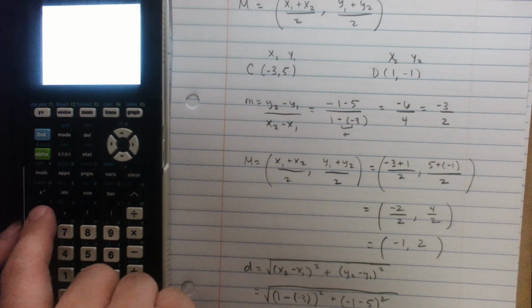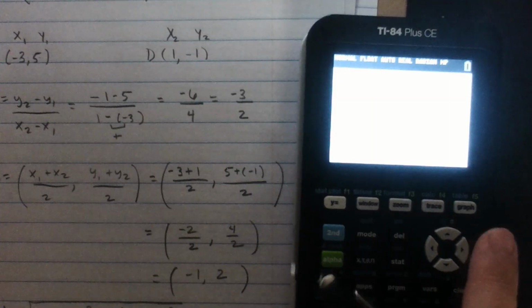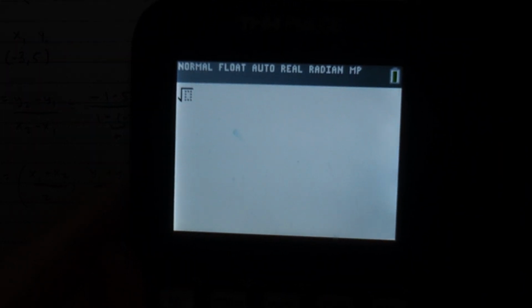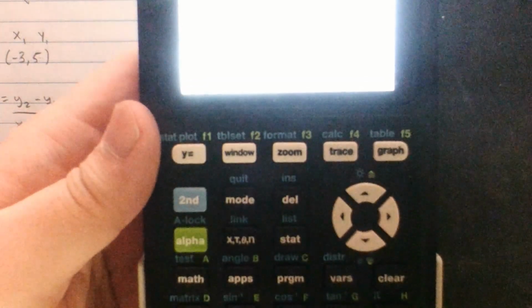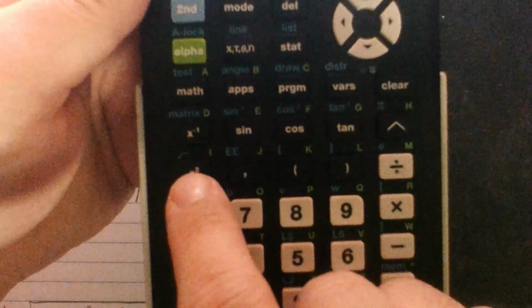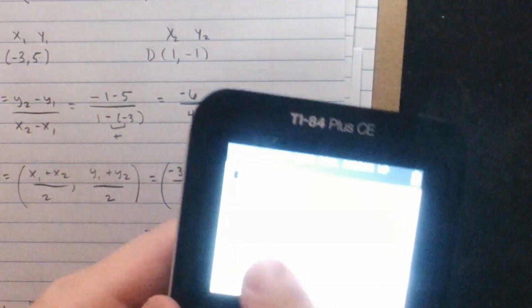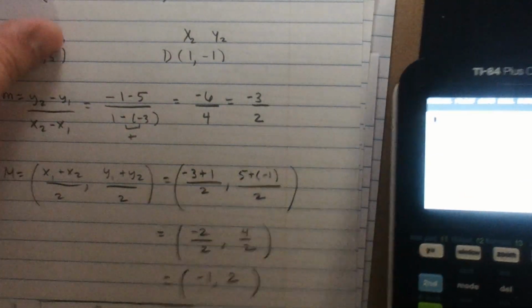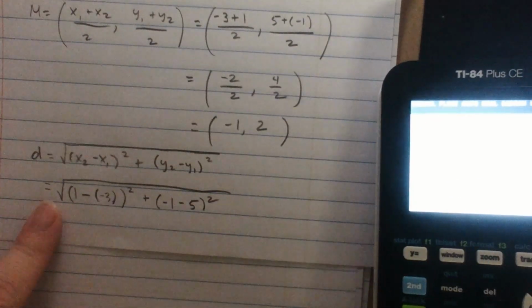So I press second and then x squared, and hopefully you can see. So you get that square root on your calculator. And then I'm just going to put exactly what appears on my paper.